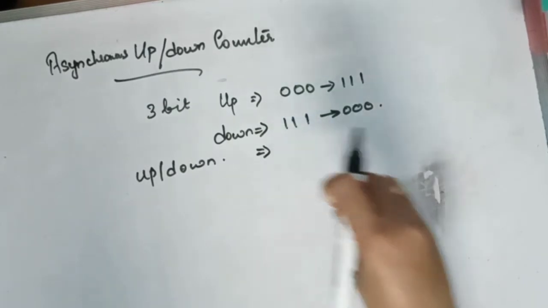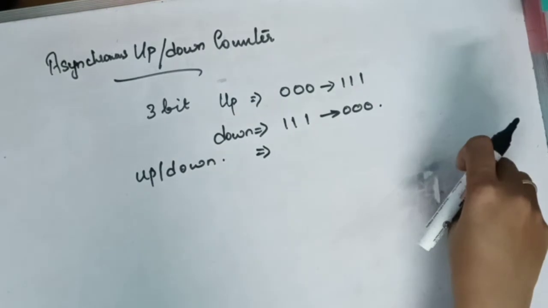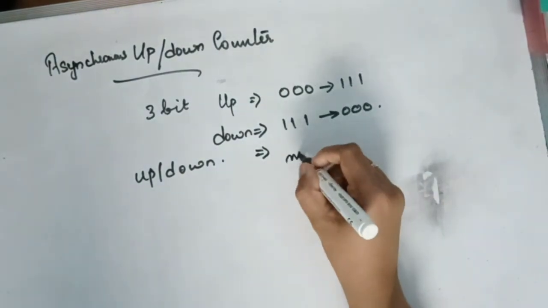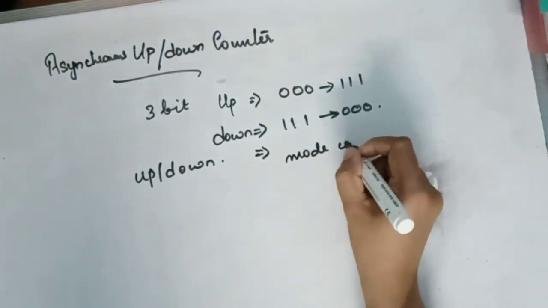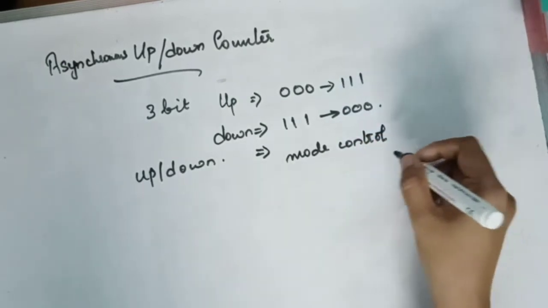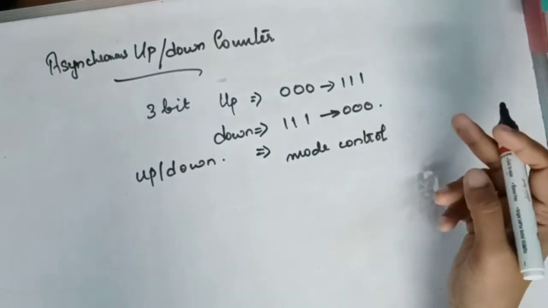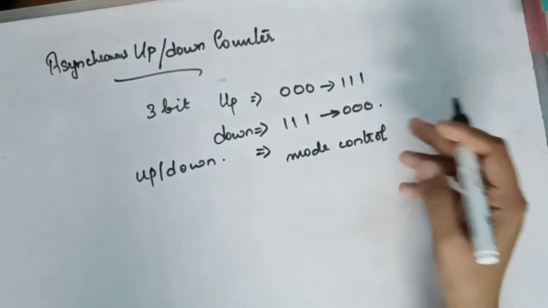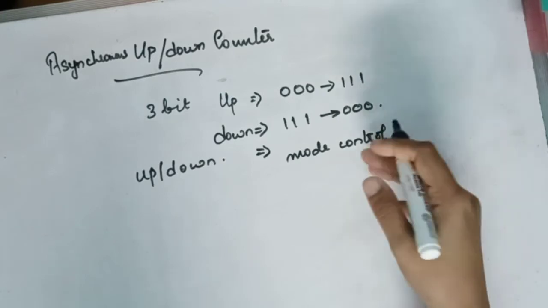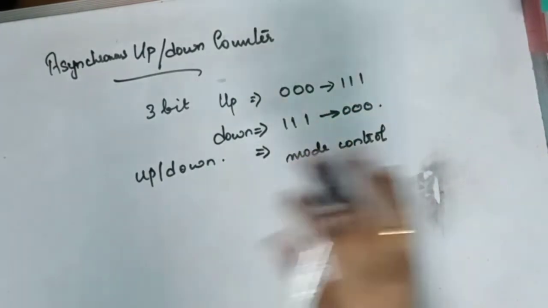So how will we decide whether it's counting up or whether it's counting down? You have a mode control. Mode control is a control signal, 1 bit, which will decide as to whether it is going to count up or whether it's going to count down.